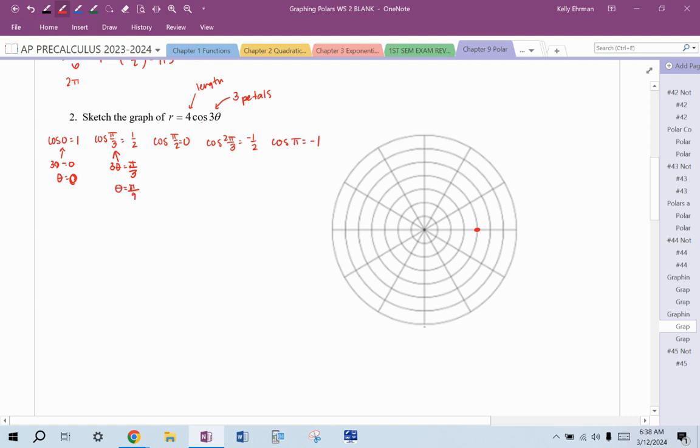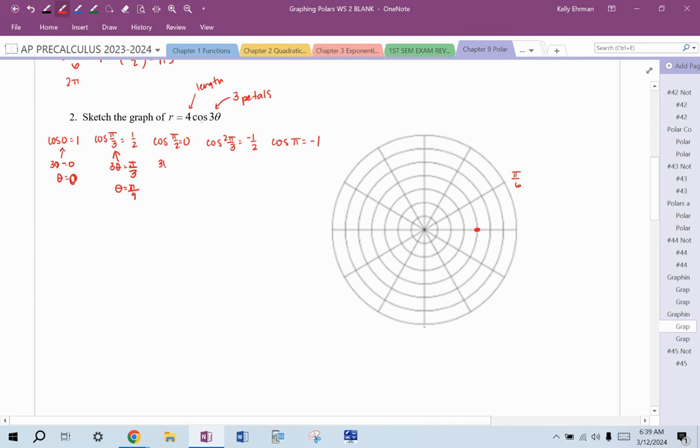Now that's a weird one. Pi over 9, I'm okay with plotting, like if this is pi over 6, I could estimate where pi over 9 is. Pi over 12 is halfway, but I'm not really too worried about these angles if they're strange like this. If we get pi over 9 or pi over 18 or something like that, I might leave this angle off.